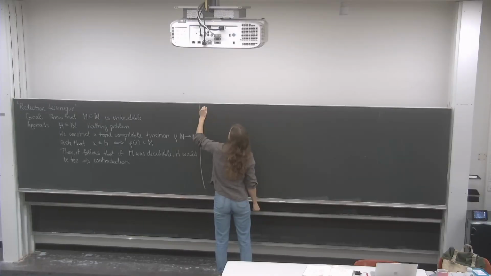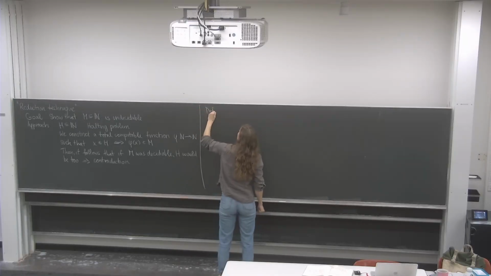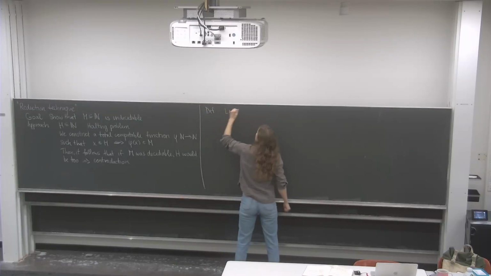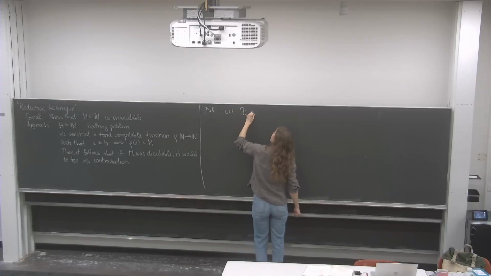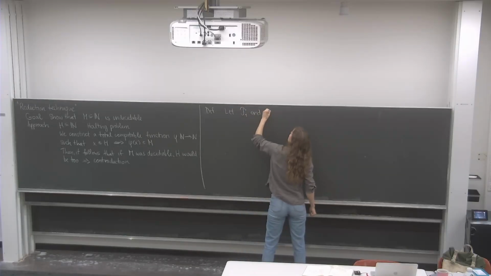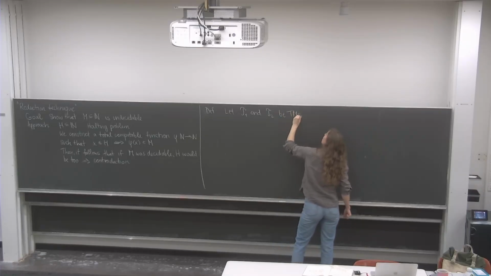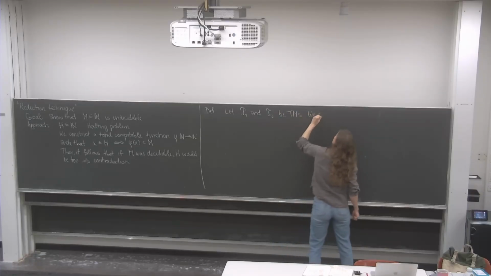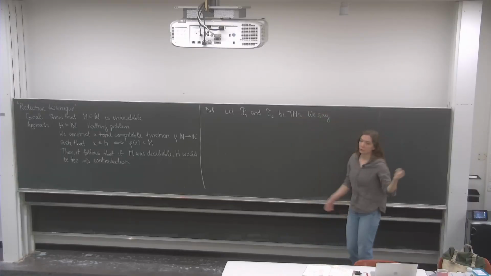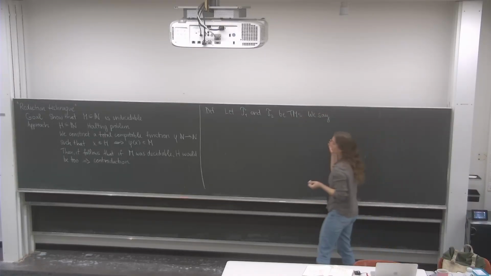So definition, let T1 and T2 be Turing machines. We say that they are equivalent if they implement the same computable function.